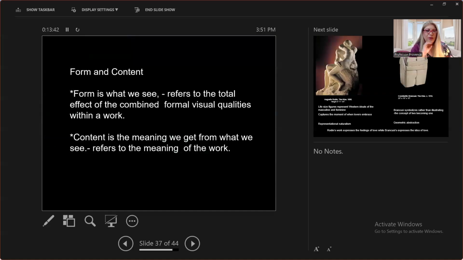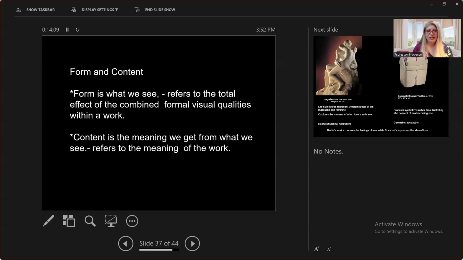So let's talk about form and content. Throughout the semester, I'm going to be asking you, when you critique artwork, to talk about form and content. Form is what we see, and that refers to the total effects of the combined formal qualities, visual qualities within a work, the form of it, okay? And if you've ever had art before, you've probably heard of that word, form.